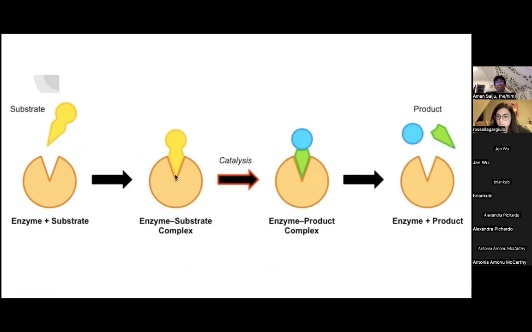And then you have catalysis occurring, and now you have a different product, right? The product is no longer the same thing as substrate. And then you want the enzyme to spit out the product as fast as possible. So you want a really high KD to govern the spitting out process.